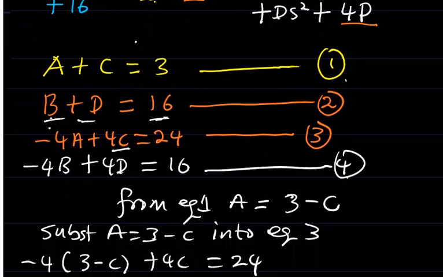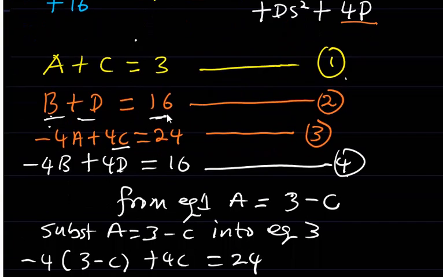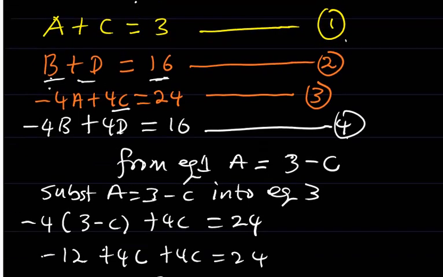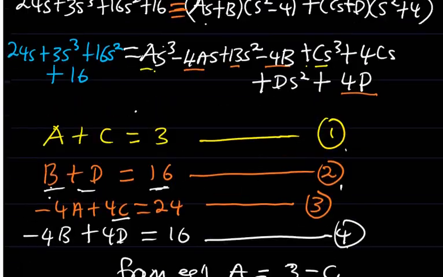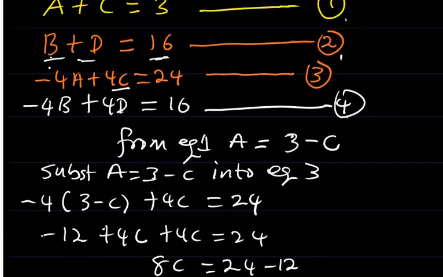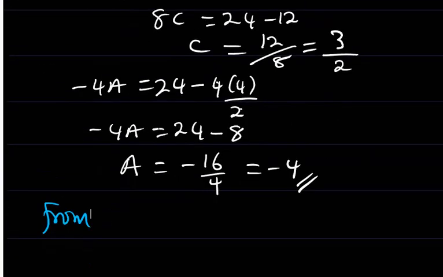So I can combine equation 2 and equation 4. From equation 2, B is equal to 16 minus D.